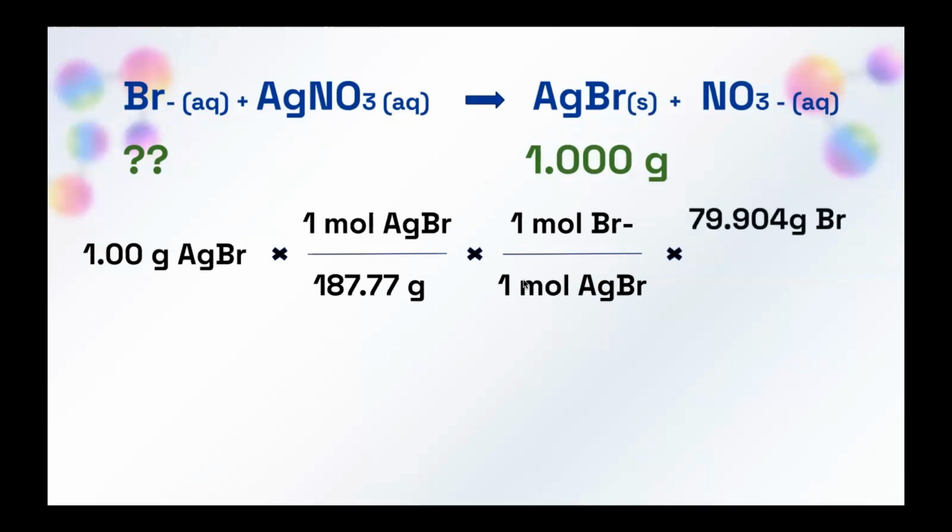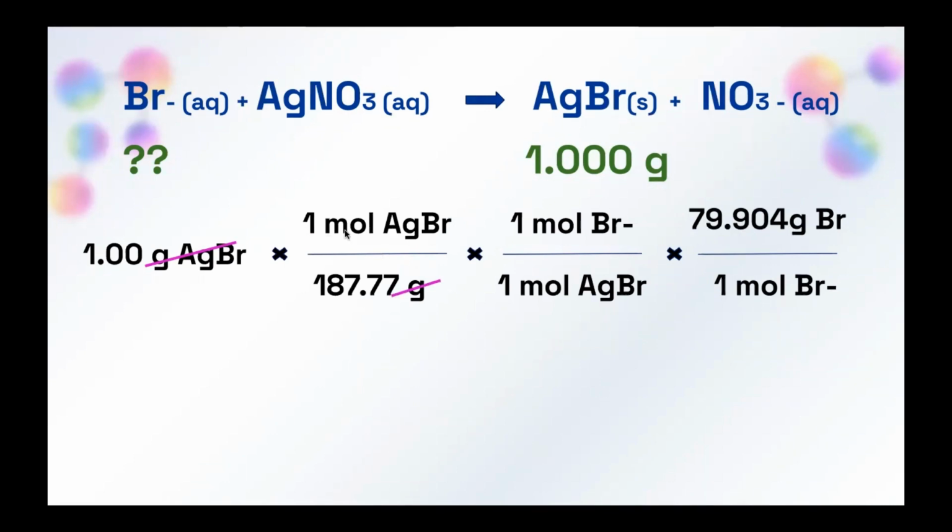And then you have this one, the grams from the bromide ion. You can get it from the periodic table, over 1 mole bromide ion. So here's the cancellation of like terms. You first cancel out the grams to get the mole.